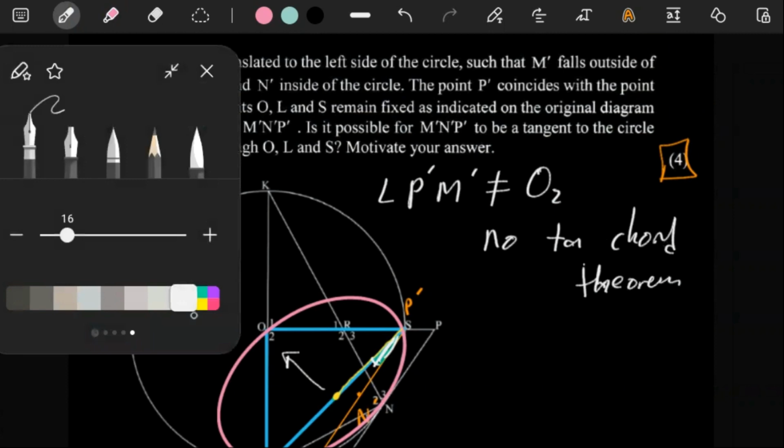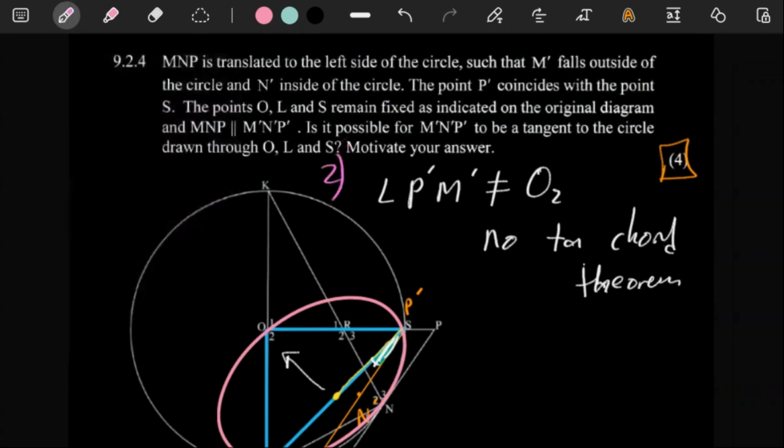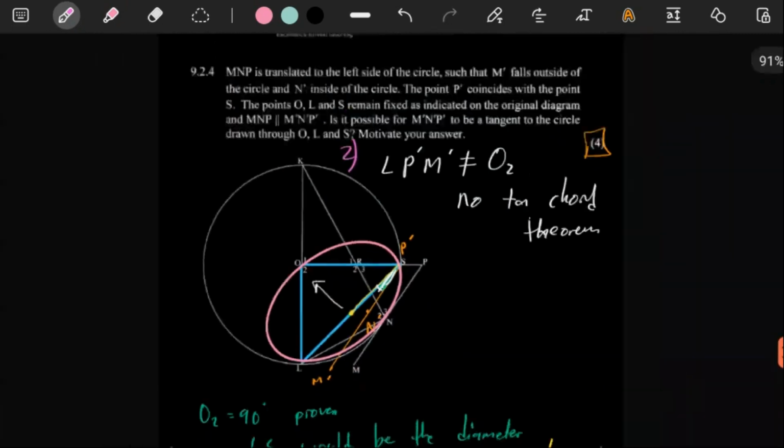That's another thing to disprove the fact that we really cannot have a circle in here. You could think to yourself, can't we think of another law or another reason why that line is not going to be a tangent?